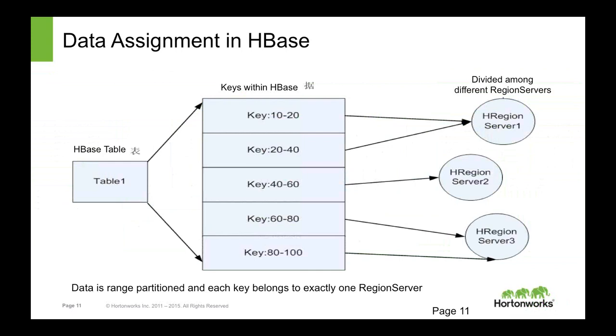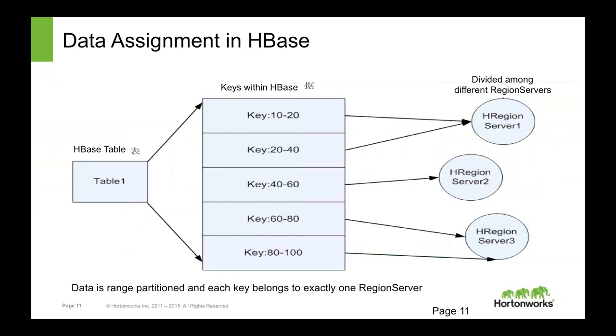Each node runs a service called the region server service, and so each region server, each node, will contain a subset of the keys within your database. And this is how it distributes the data across your cluster.